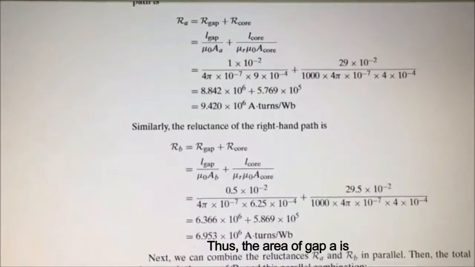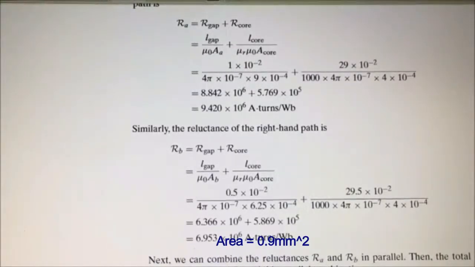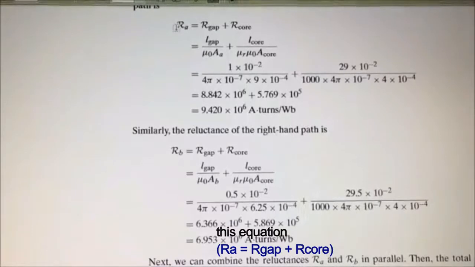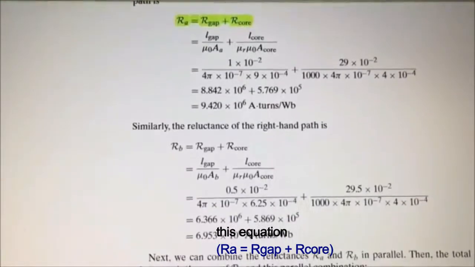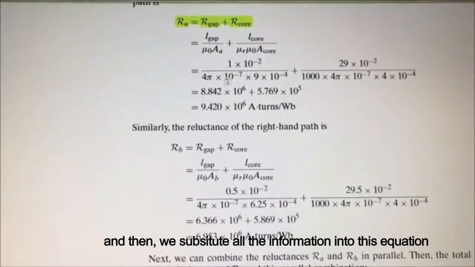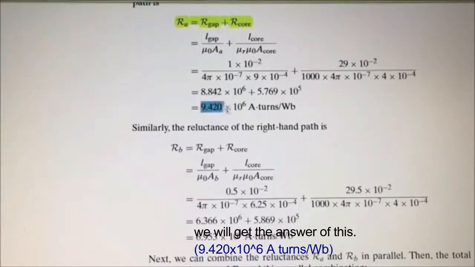Thus, the area of gap A is equal to 0.9 mm². Then the total reluctance of the left-hand path is this equation, and when we substitute all the information into it, we get this answer.